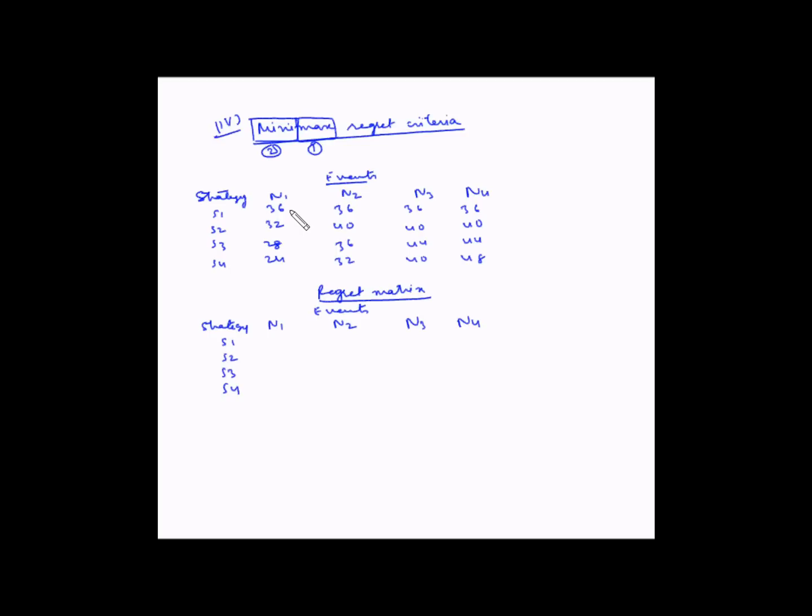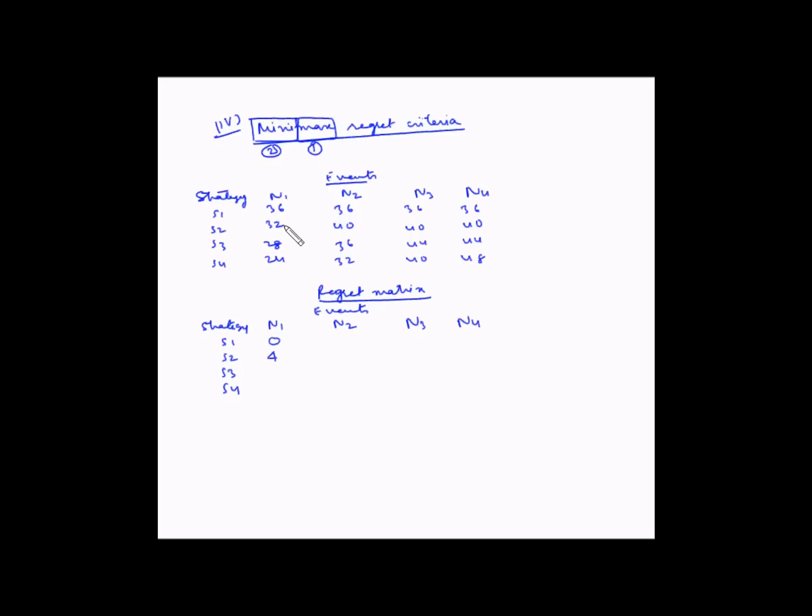However, suppose we do not choose strategy S1, that is our payoff is 0, and if we choose strategy S2, then basically we are losing 36 minus 32, that is 4, as the opportunity lost.